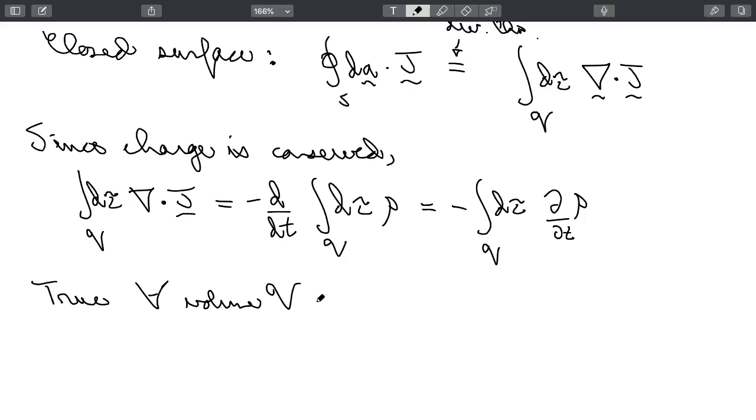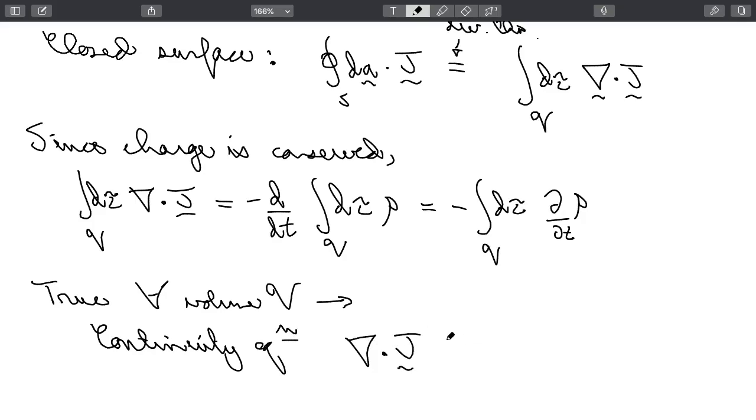That leads to an extremely important equation, which is the continuity equation, which tells me that the divergence of the current density plus the time derivative of the charge density has to be equal to 0.